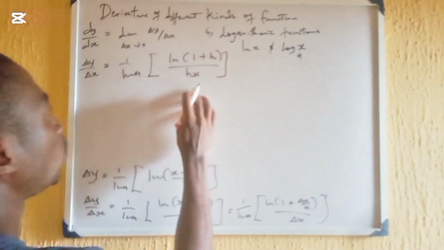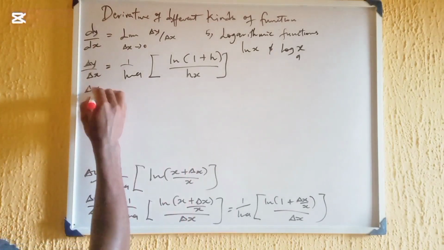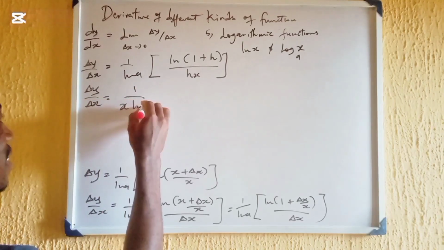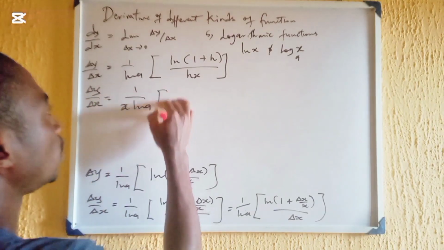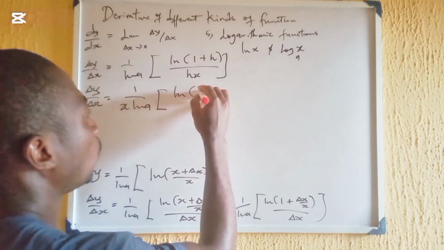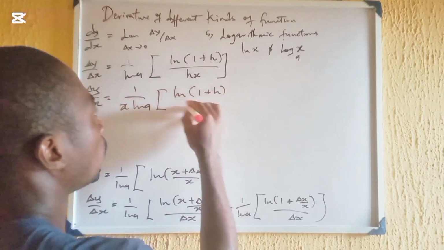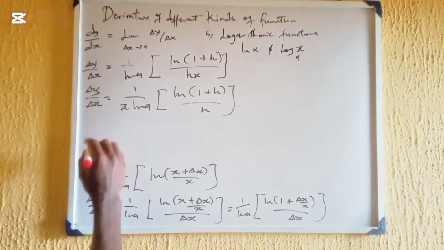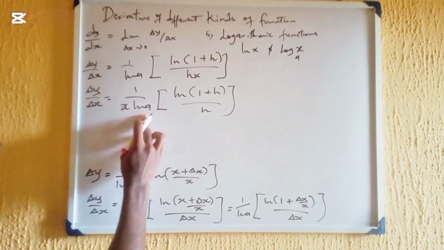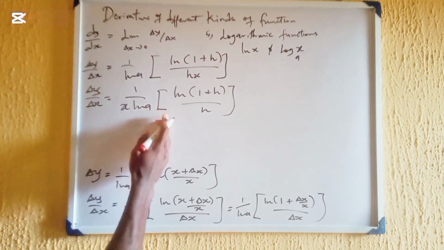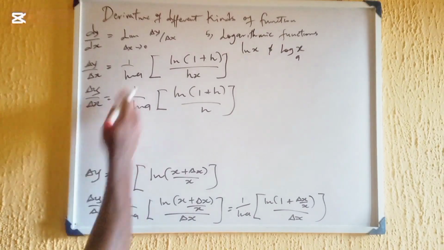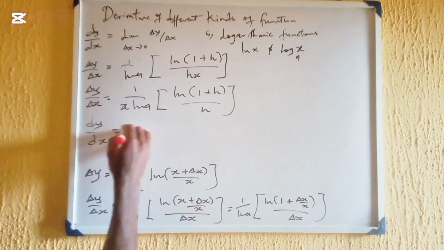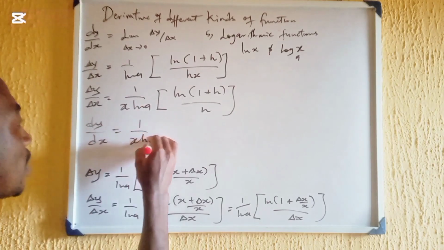Now we bring out x, so we're having that change in y over change in x is equal to 1/(x ln a) into ln(1 + h)/h. So we'll take the limit as change in x tends to 0. This is x ln a, that's 1/(x ln a). It is not dependent on change in x. So in that case, we'll be having that dy/dx is equal to 1/(x ln a).